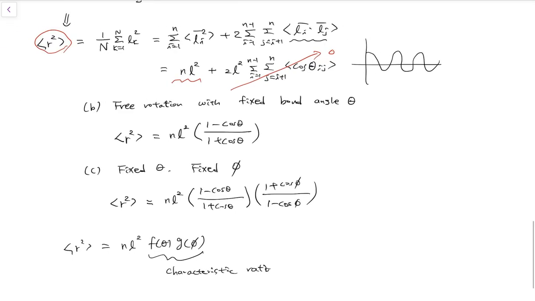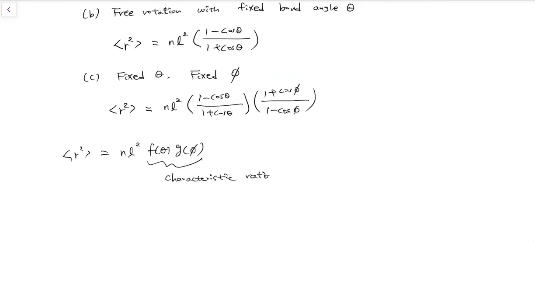There is another way, based on radius of gyration. In this case, if polymer chains look like this, we just assume the polymers are overall the shape of a sphere. And we just take the center of mass and measure the radius of this sphere.